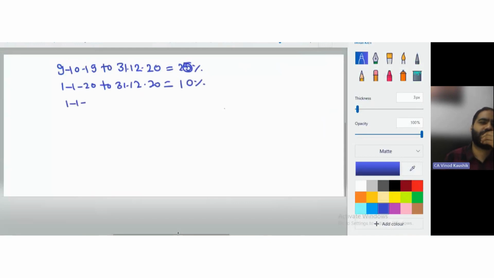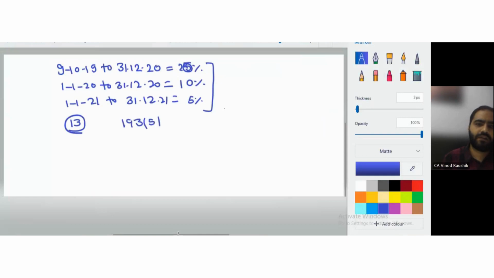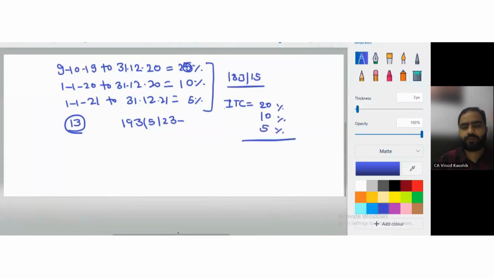Then from 1/1/21 to 31st December 2021, it was reduced to 5%. So now circular 193/5 is saying that 183/15 shall be extended in such a manner that ITC shall be allowed only to the extent of this percentage: 20, 10, and 5.